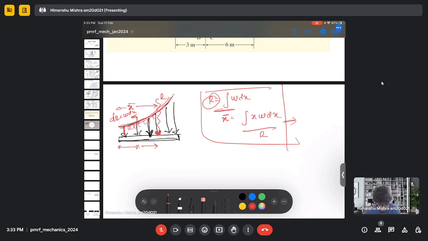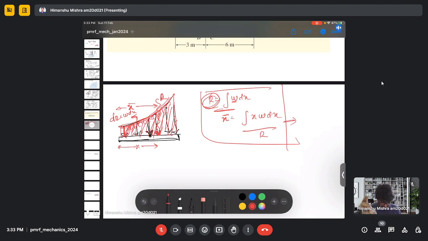So this w actually has a unit of Newton per length, and the rate of change of w in the x direction actually gives you this R. So it is basically the area made by this curve. So this whole area is actually represented by a single point force which is R. It is a resultant force.